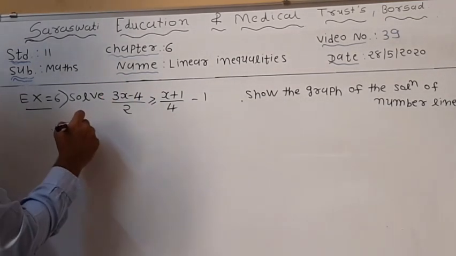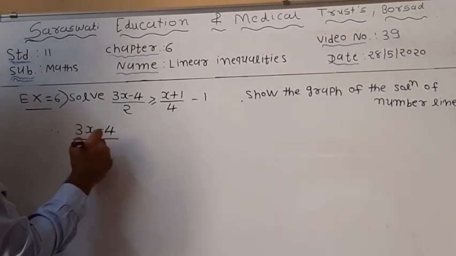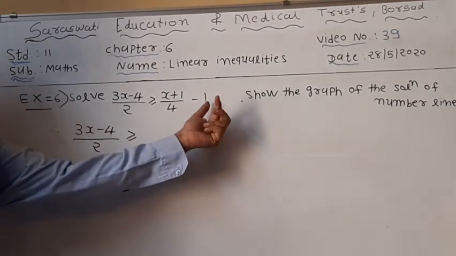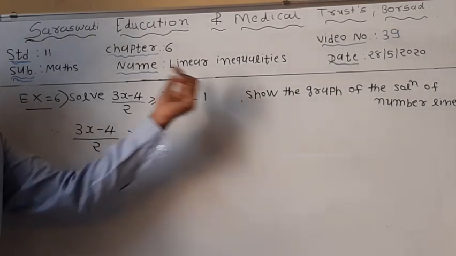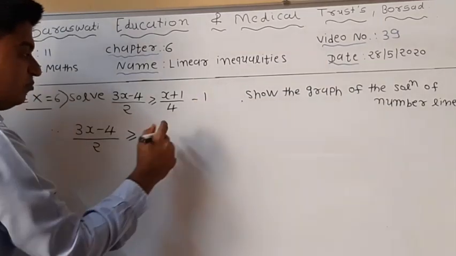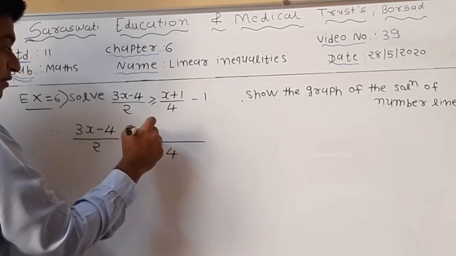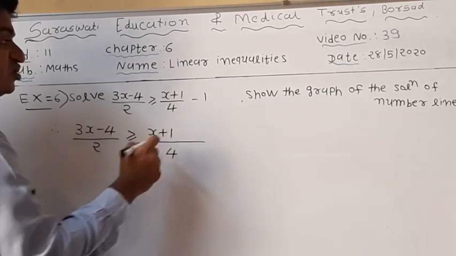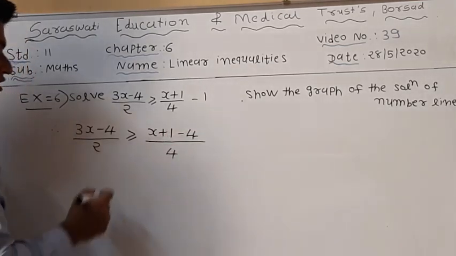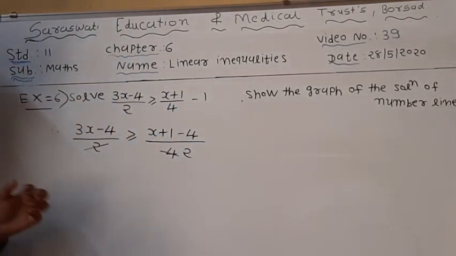So therefore (3x minus 4) upon 2 greater than or equal to, here take the LCM, and 4 multiplies with 1, because in the denominator 4 is not present for that term, so x plus 1 minus 4. Now after cancelling, here we write 2.